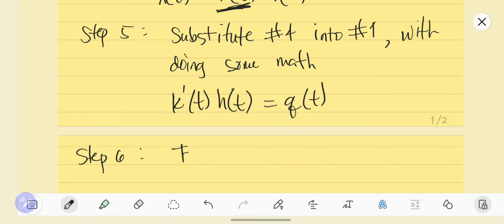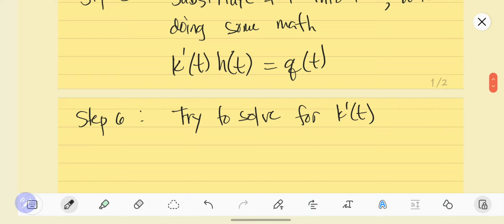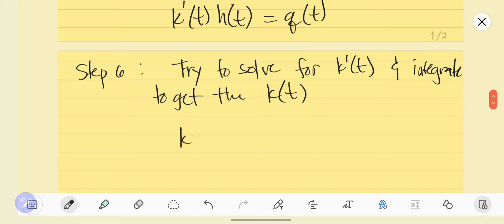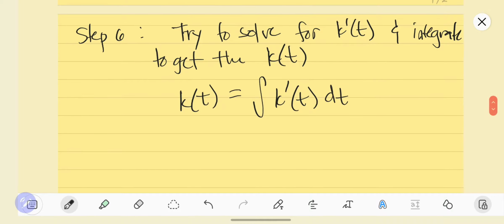Solve for k prime of t, and then integrate to get k of t. So k of t is equal to the integral of k prime of t dt, plus c.